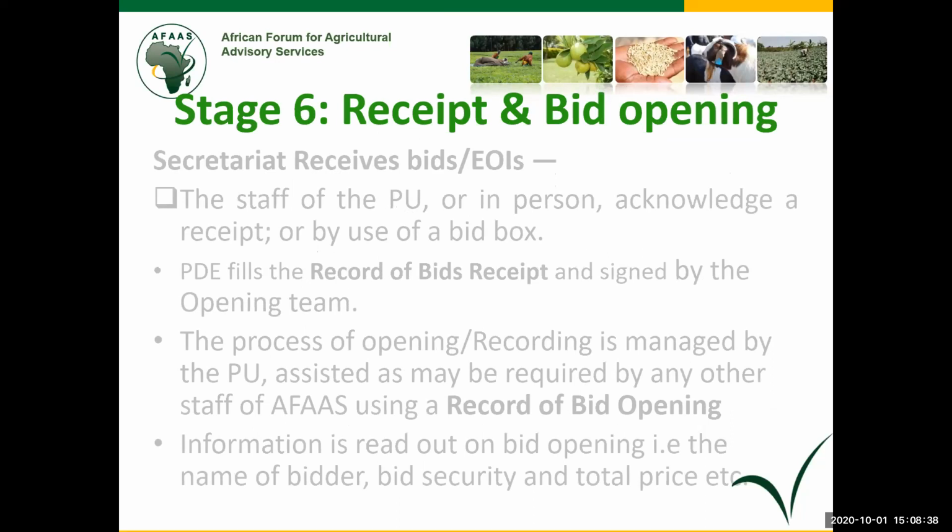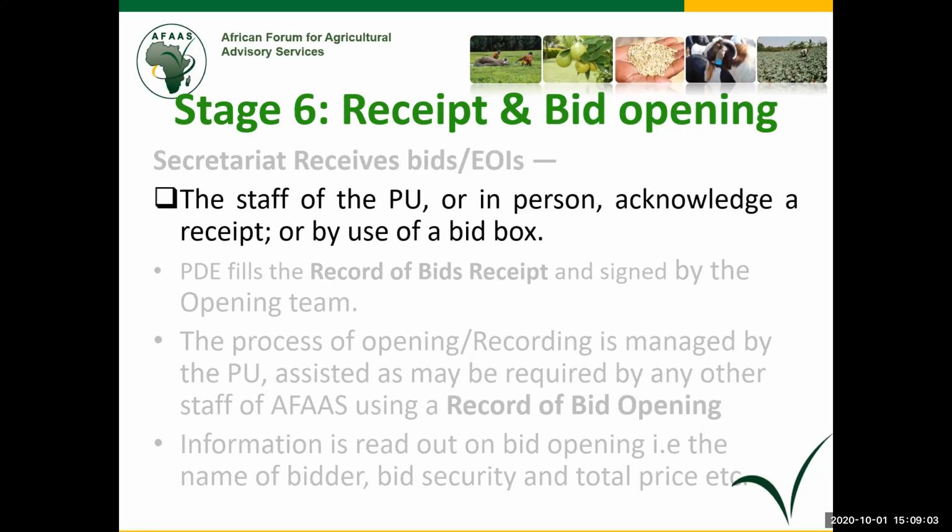When the Secretariat receives the bids, the staff of the PDU will acknowledge receipt. If we have a bid box, we use it. At first, we are just using a file to record because we have never even made a bid box because we get bids once a month. So laboring to keep a bid box to only collect one bid might not be really prudent.